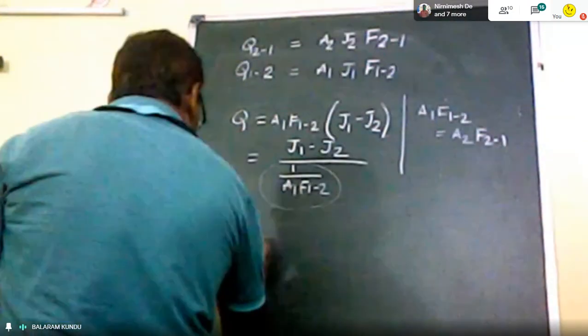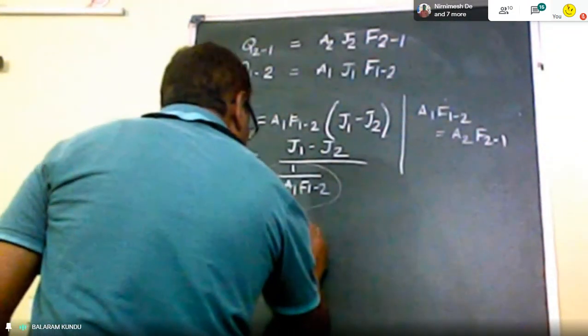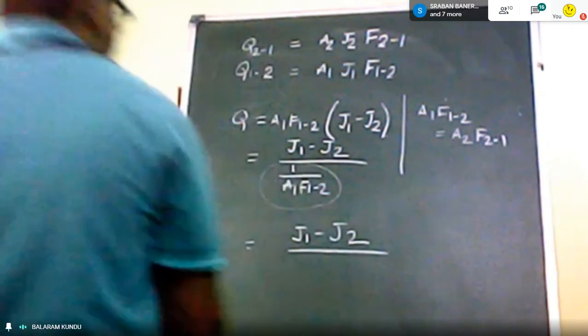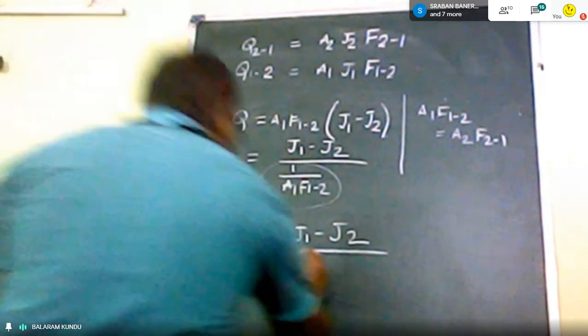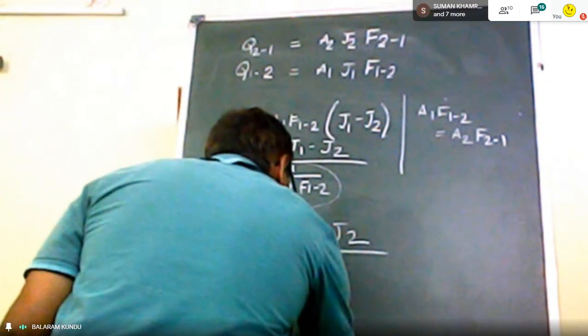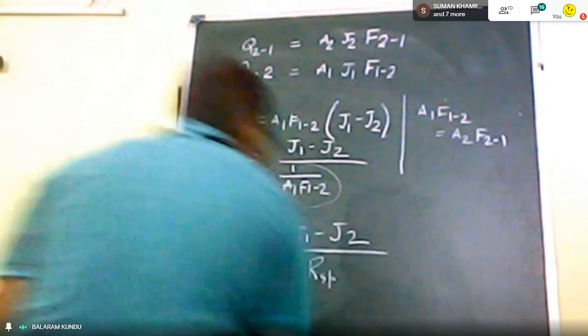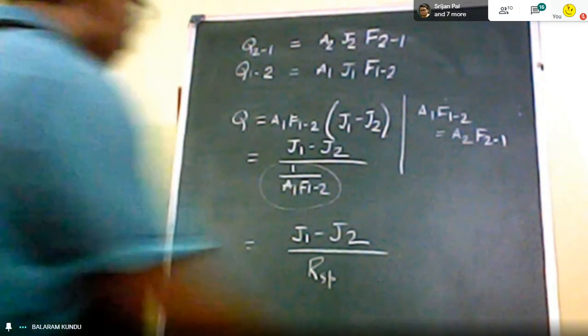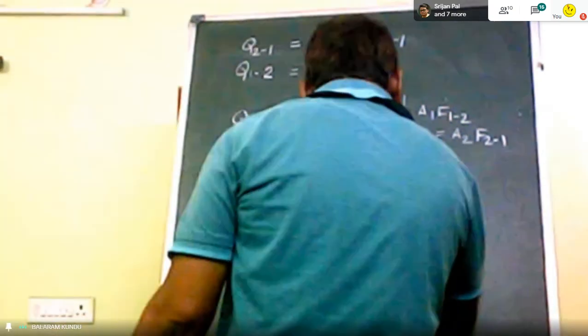So that should be equal to J1 minus J2 divided by space resistance, say RSP. RSP means space resistance.